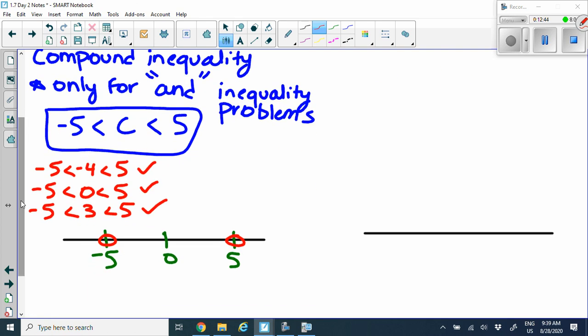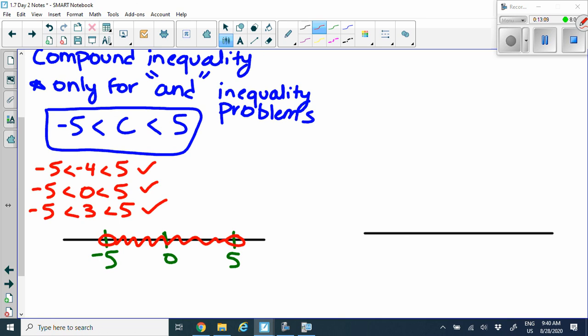It is because the numbers that are in between our numbers, like in this case, -5 and 5, give us true statements, okay? So we tried a number in between -5 and 0, we tried 0 itself, and we tried a number between 0 and 5. Those all gave us true statements. So if we get a true statement, we can shade where we get that.